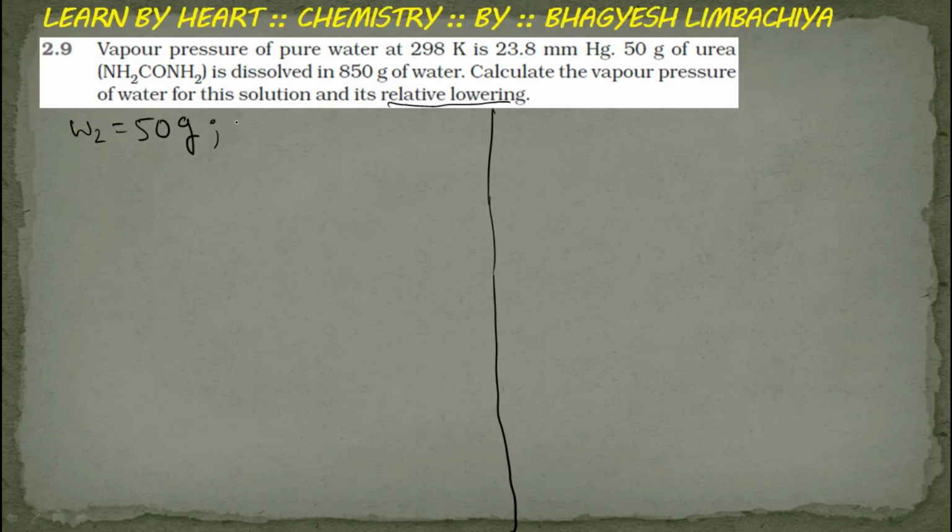Next, M2, it is 60. W1 is 850 gram, and M1 is 18 gram per mole. Here the unit is gram per mole.